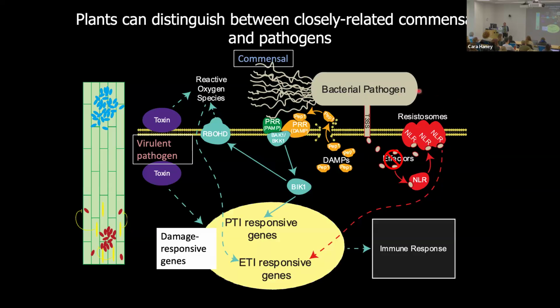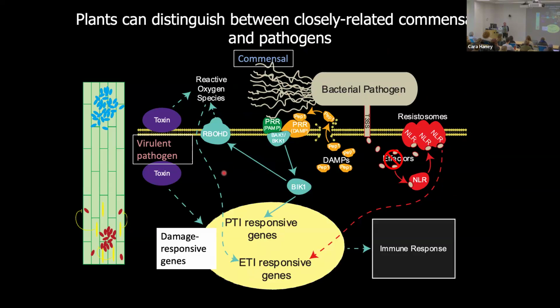So we don't think this is effector-related. Commensals seem to be inducing microbe-associated molecular pattern receptor signaling, but we think the virulent pathogen is inducing a defense response that is triggering the same pathways as damage.